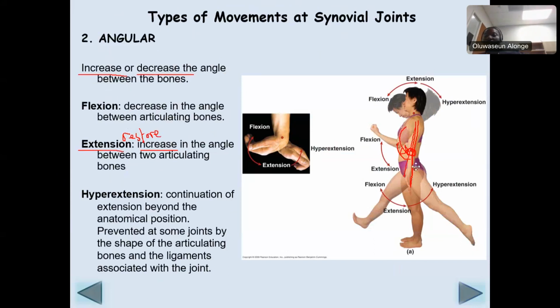If you look at the hip joint here, normally it is 180 degrees. When you flex it, you are reducing the angle. If you return it to where it was, you have extended it. Again, extension means restoring the angle that existed before.